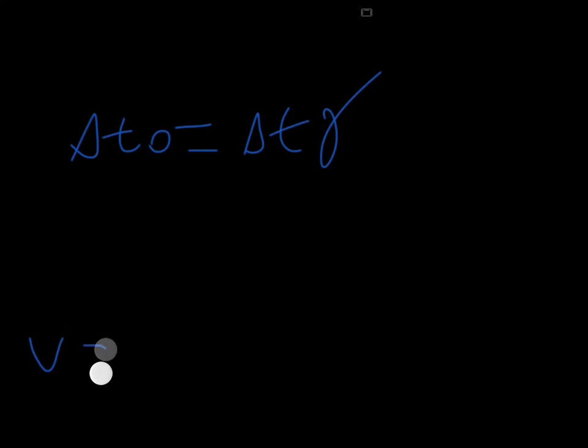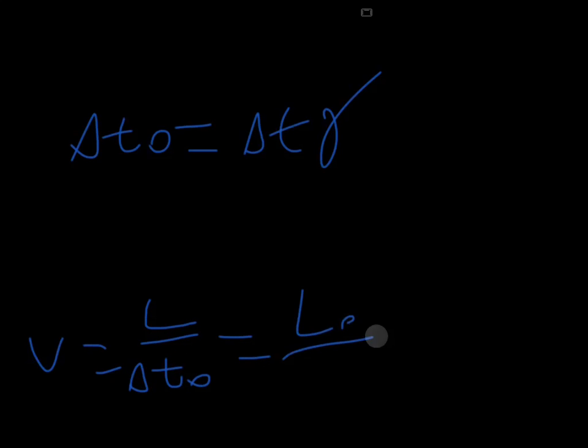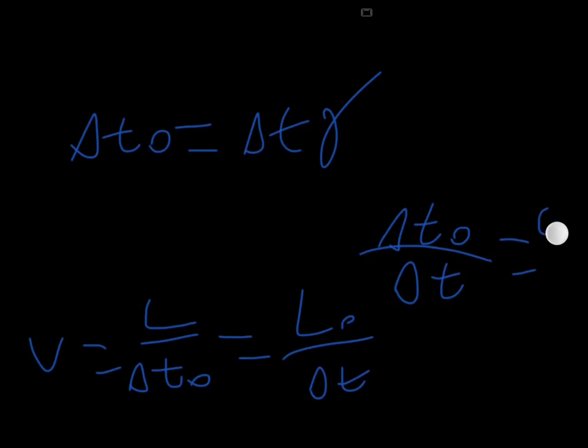So with the equation that L divided by the proper time is equal to the proper length divided by delta t, if we rearrange that equation, we get the proper time divided by delta t is equal to L divided by the proper length.